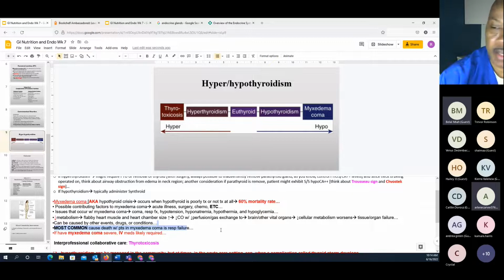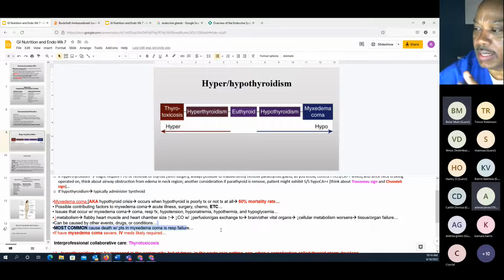And because the heart becomes flabby, the chamber size of the heart will also increase in size. So what this will lead to is a decreased cardiac output, and so we know what else follows. If you have a decreased cardiac output, you're going to have decreased perfusion and gas exchange to our vital organs and tissues.